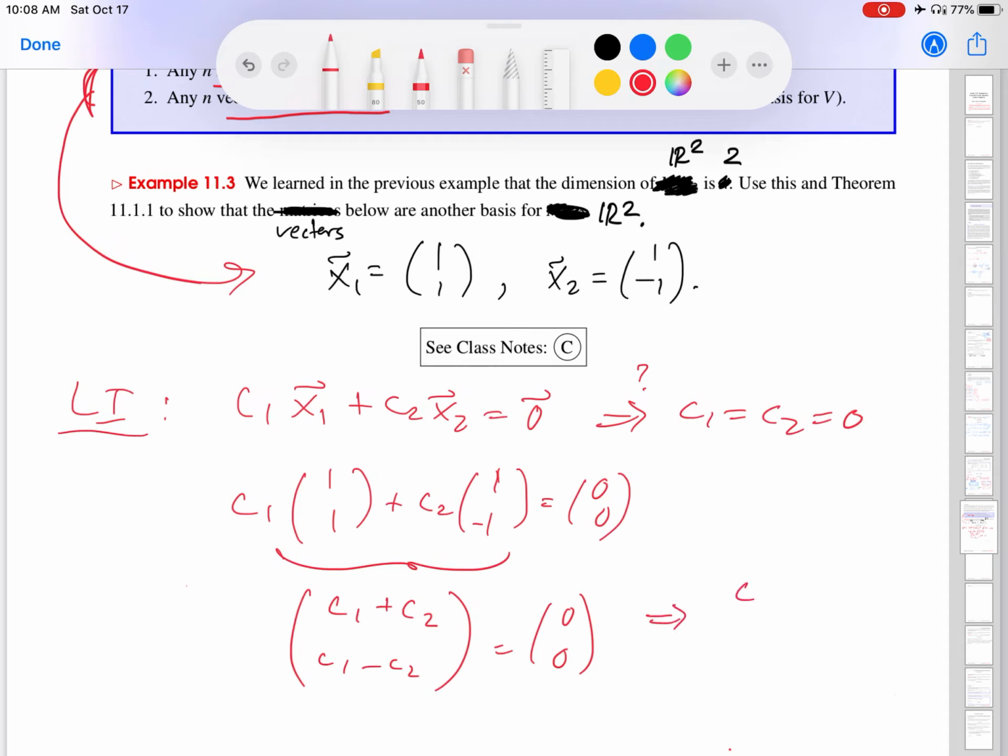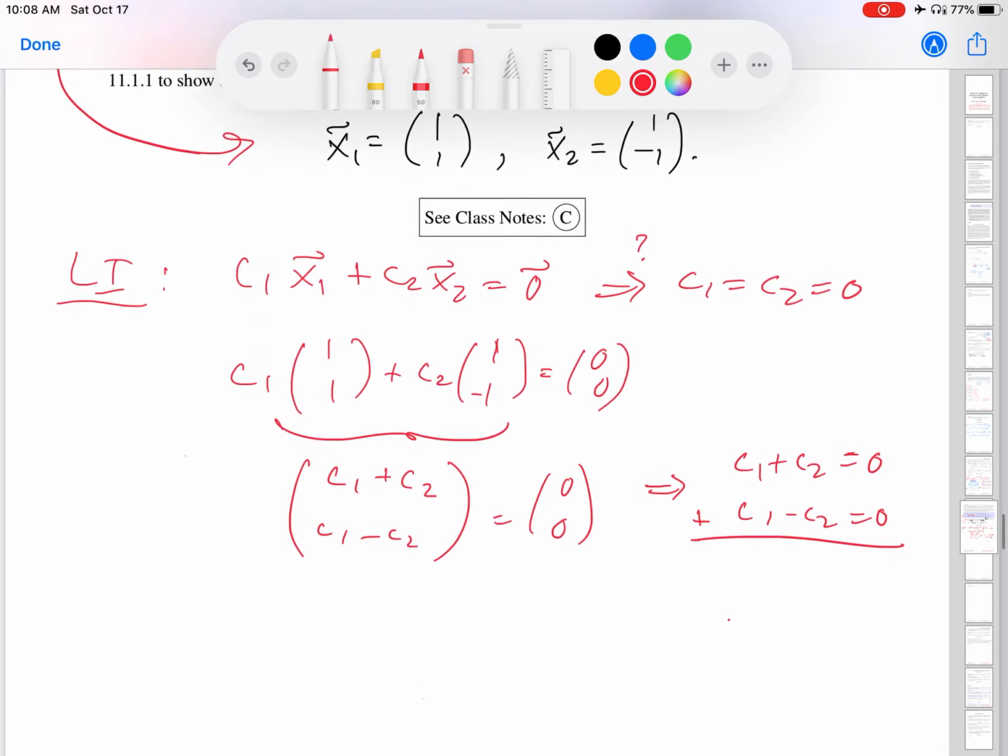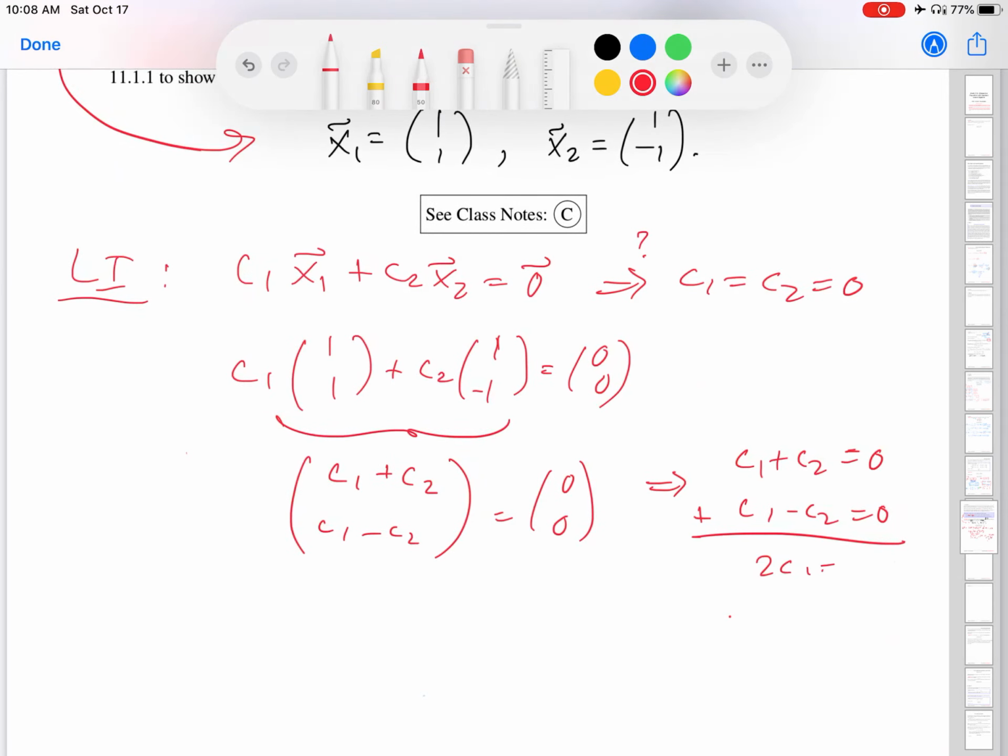Great, so this gives me a system of two linear equations: c1 + c2 = 0, c1 - c2 = 0. If I add them, then I get 2c1 = 0, so c1 = 0. And then I can substitute that into either of these two equations to give me c2 = 0.